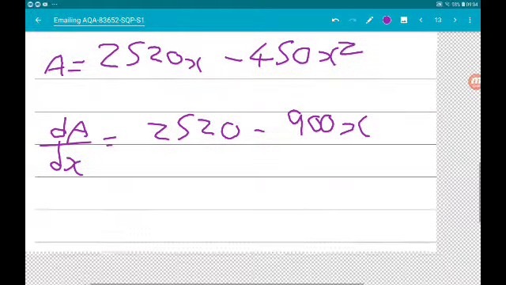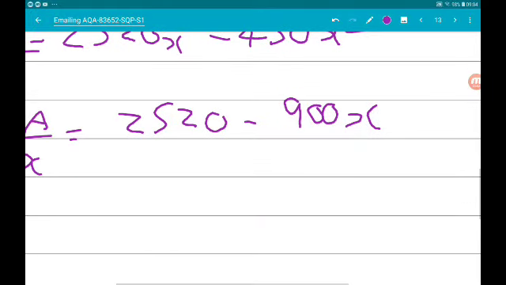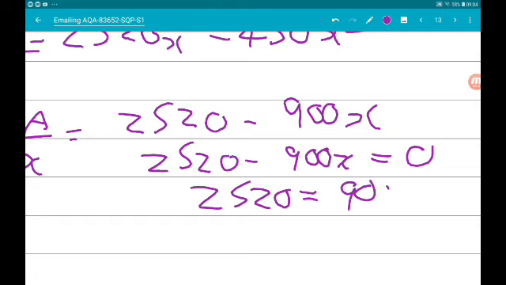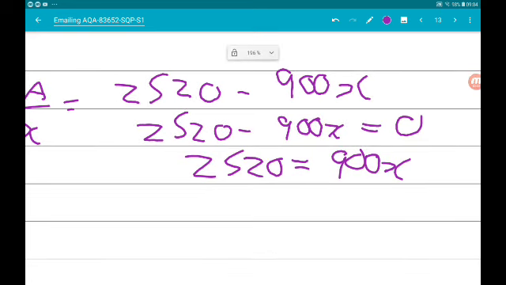Now if we set that equal to 0, add the 900x, and then divide by 900, we get that x is equal to 2.8.